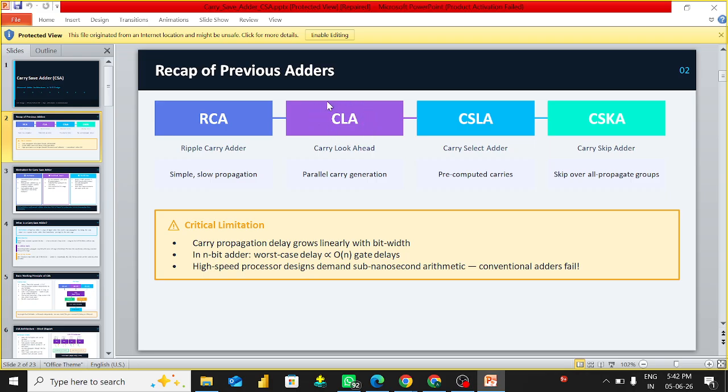In RCA it was calculating in series. In CLA, it was calculating carry in parallel. So the major part of the propagation delay was reduced in this formation.